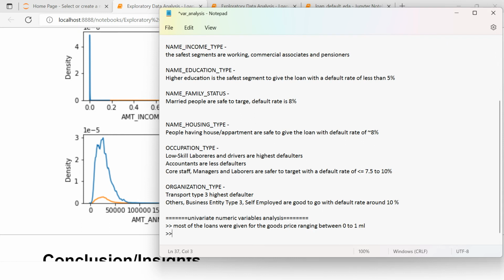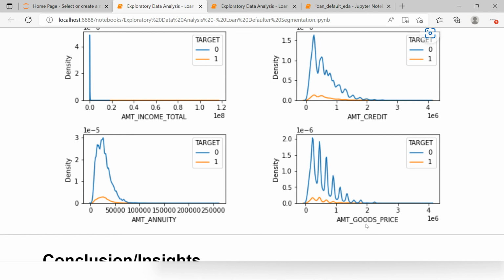Because the loan is given for the goods price, if the goods price ranges between 0 to 1 million, of course amount credit would also range between 0 to 1 million. Not always would the amount credit be exactly in sync with goods price, because sometimes if you're taking a car loan in India, 90% will be financed and 10% you'll have to pay as down payment, but it ranges around the same amount.